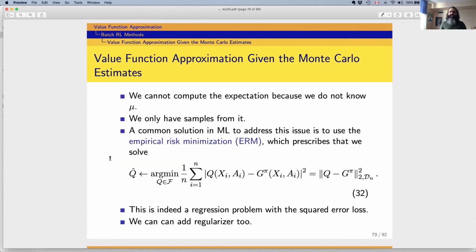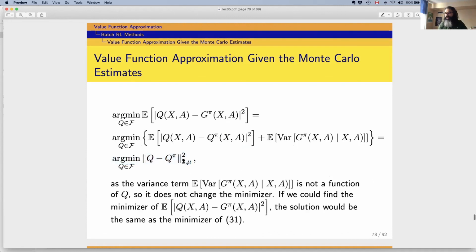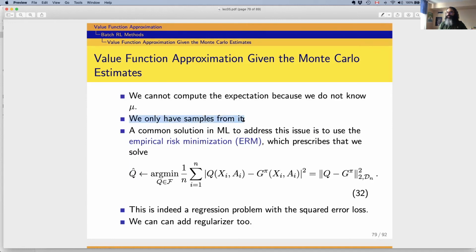But we can't compute the expectation because we do not know mu. We don't have mu, we only have samples. A common solution when we have samples from a distribution is that we can't minimize the population loss, so let's minimize the empirical loss.